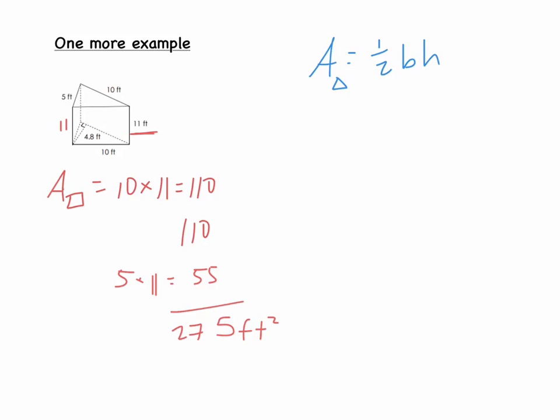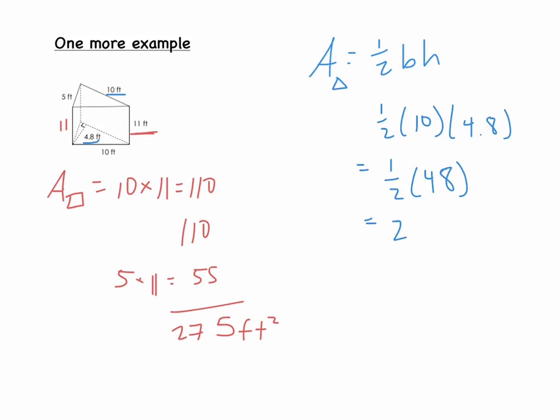So from here we would do 1/2. The base we said was 10 feet. The height is 4.8 feet. Multiply those together. Let's do 1/2 of 48.